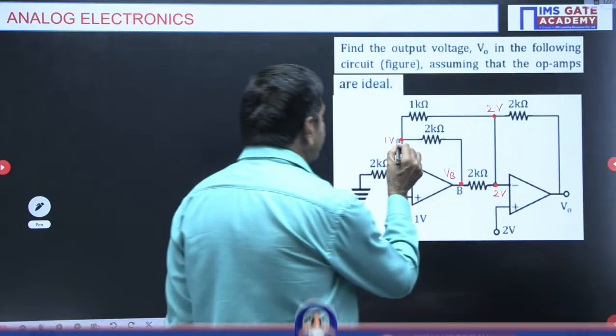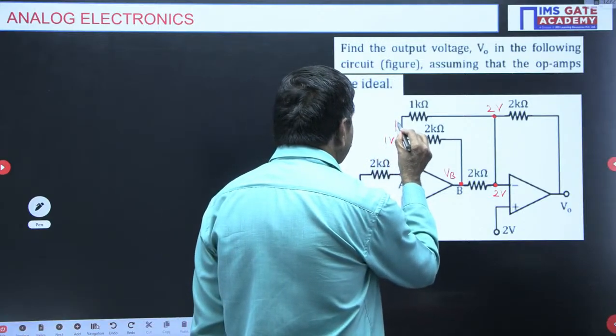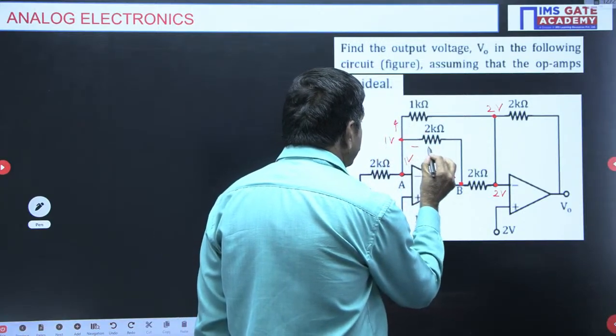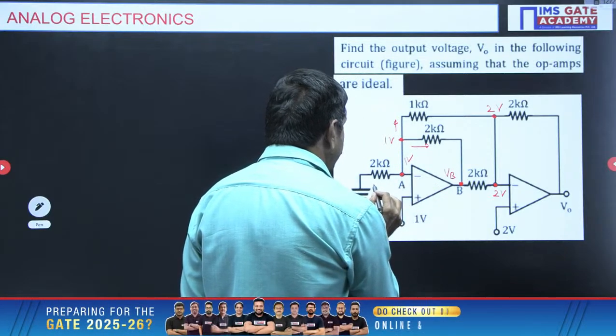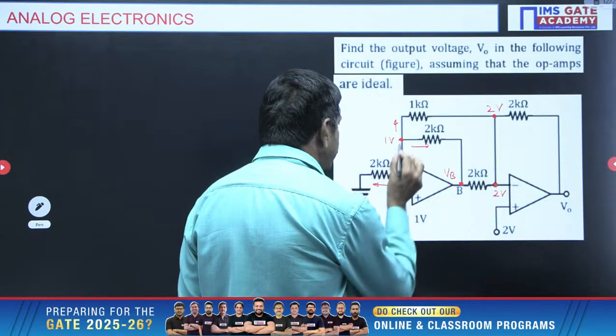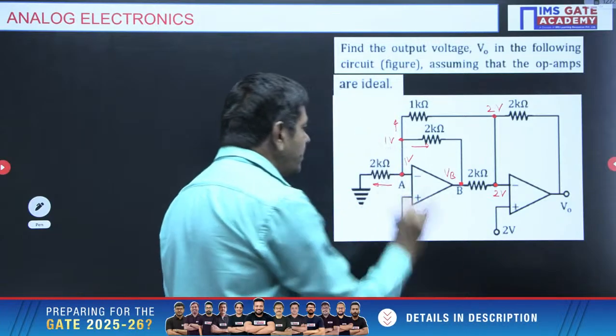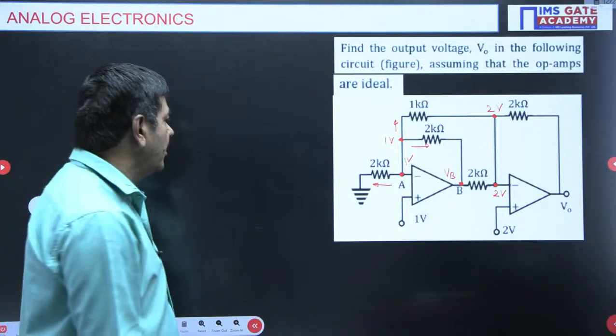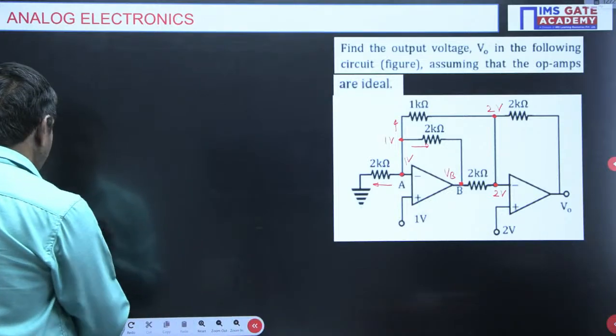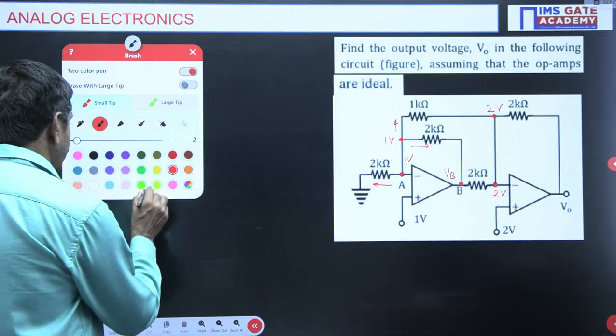Here I want to apply nodal analysis: this current plus this current plus this current, with this node and this node being the same, equal to 0. This side has no current. Apply nodal analysis to get the answer. If I apply nodal analysis, I will get it like this.